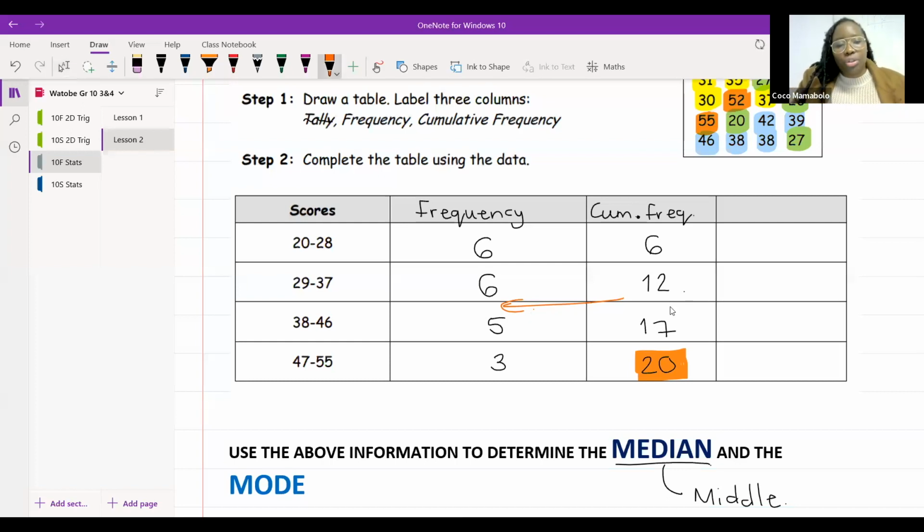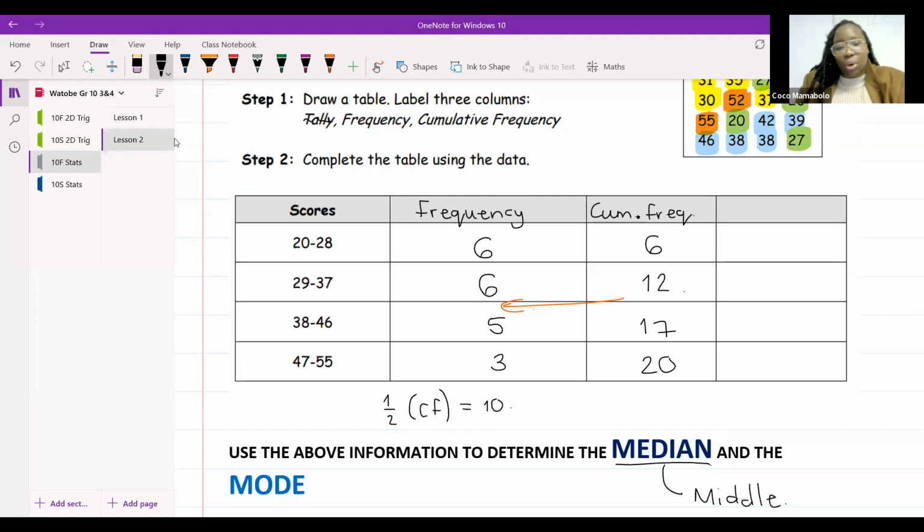So what we're going to do, guys, to use the frequency table, if we want to find the median, we are going to take half of the cumulative frequency, and half of the cumulative frequency is going to be 10, correct? Good, yes, Oratilo, you're correct.